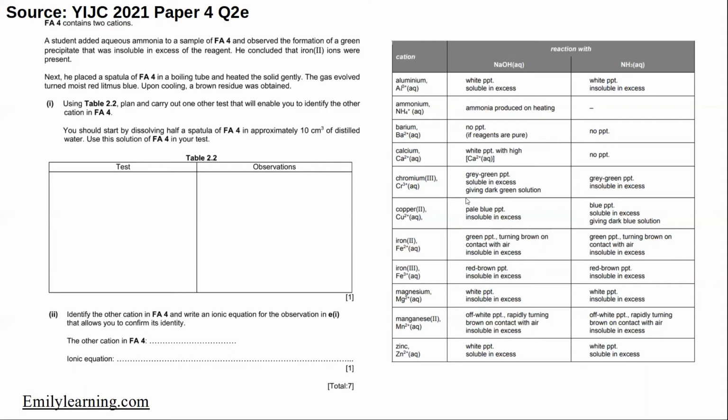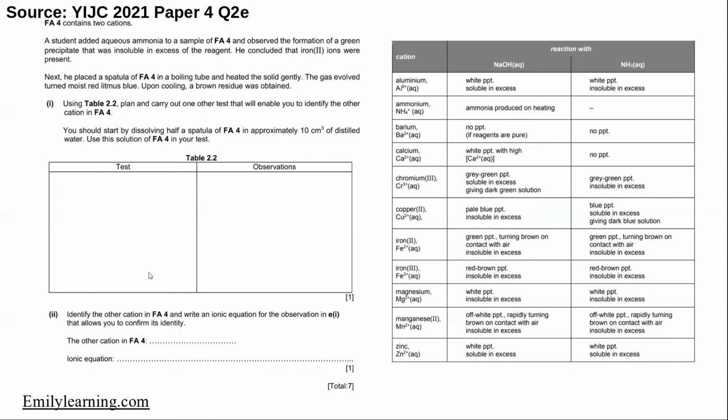We will take a look at ammonium here. We add NaOH aqueous, then heat, and then test for ammonia gas using a moist red litmus paper. If the moist red litmus paper turns blue, that means ammonia gas is produced and therefore ammonium is present.